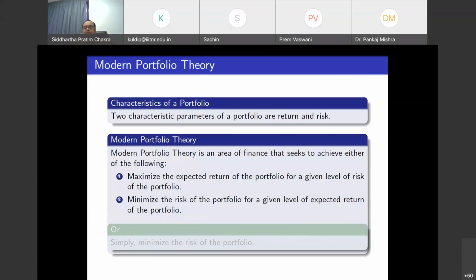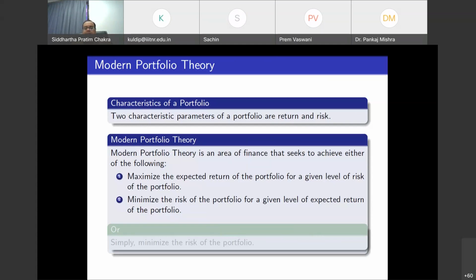Prior to modern portfolio theory, things were done in a slightly haphazard fashion, and people did not recognize the fact that usually higher return is accompanied by a higher amount of risk. So if you are getting higher return, then obviously it is associated with an investment that is more risky.